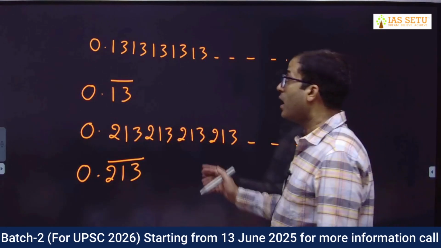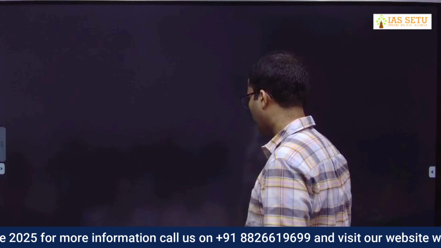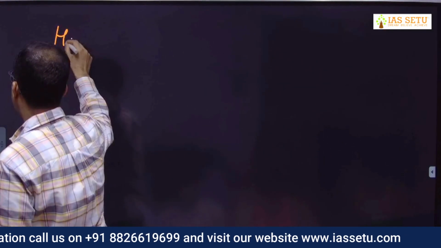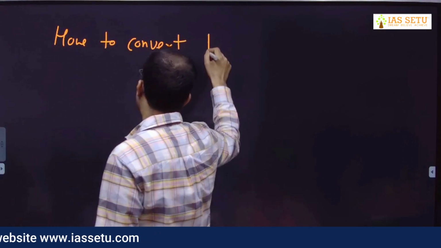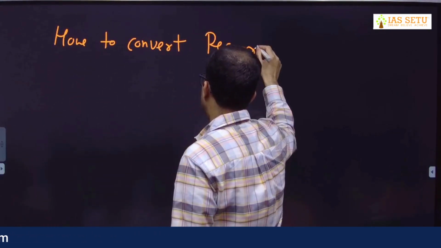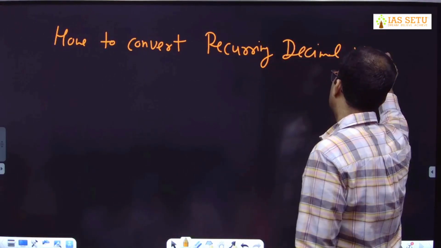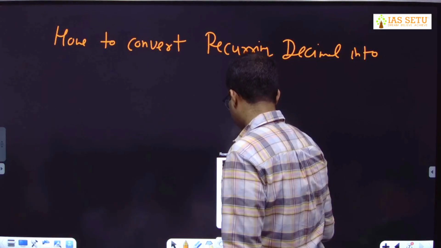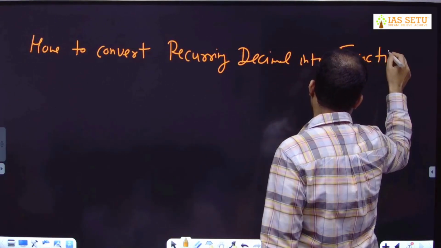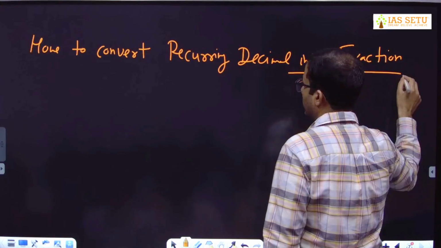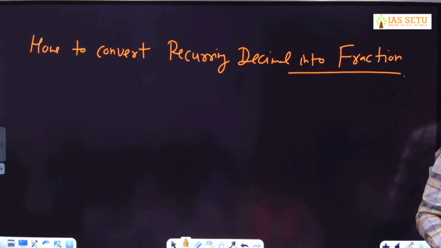You put the heading: how to convert recurring decimal into fraction. We have to convert this recurring decimal into fraction.